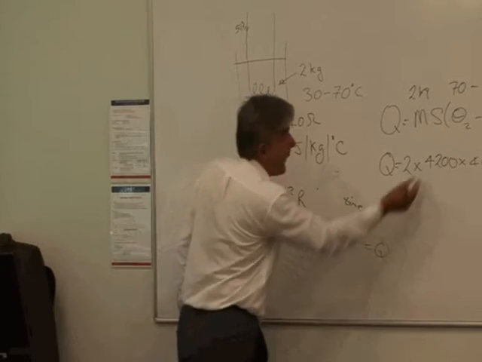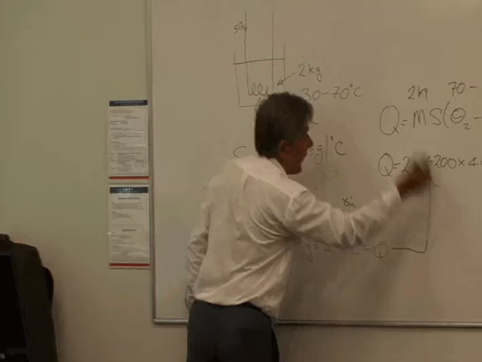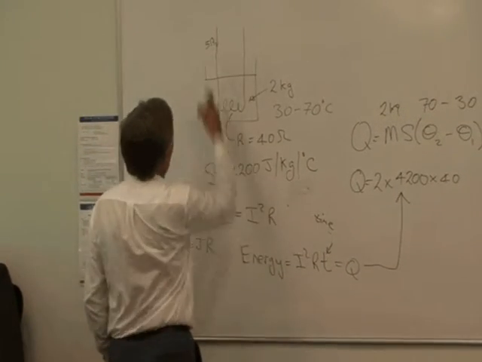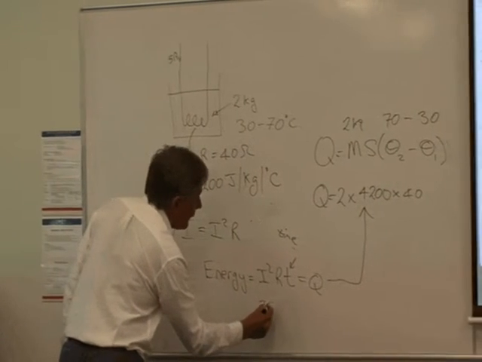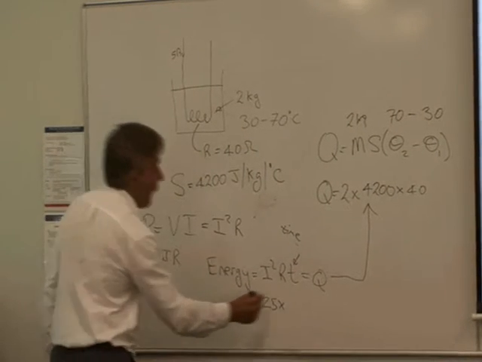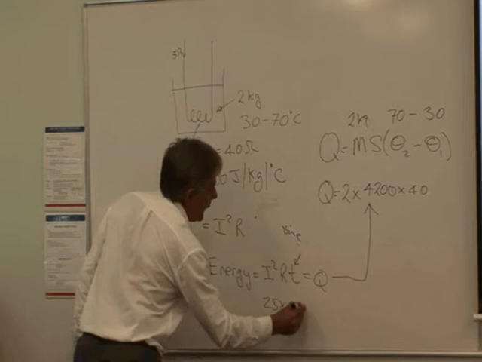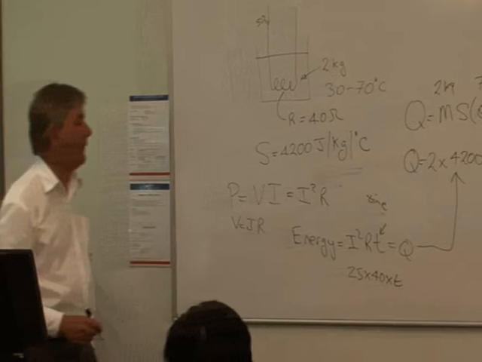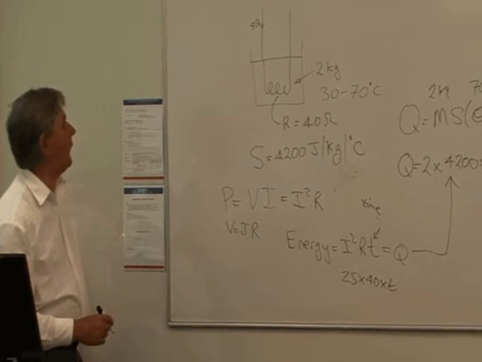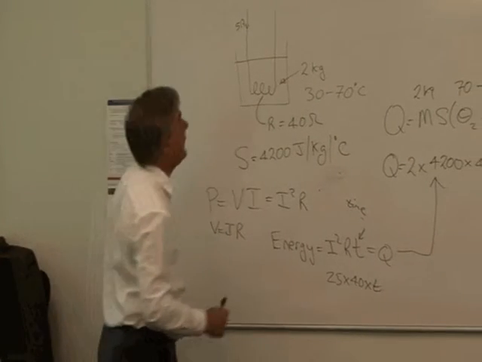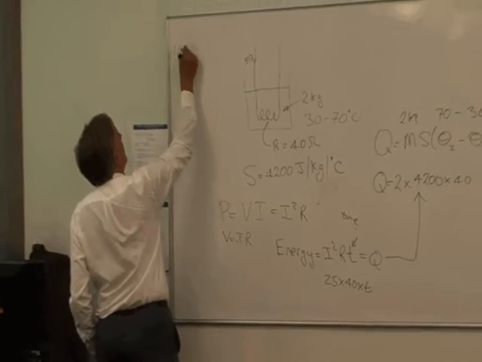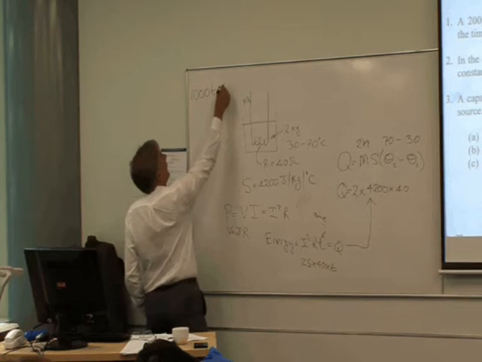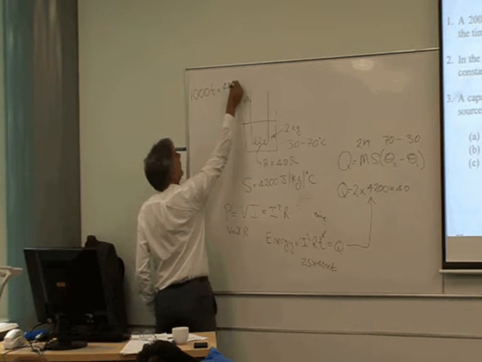So all that energy is supplied by that. So we know I, do we know? Yes, we know I. I is 5, so I squared is 25, times 40, times the time. 25 times 40, 4 twenty-fives is 100, so 1,000. So 1,000 T equals 4,200 times 80.